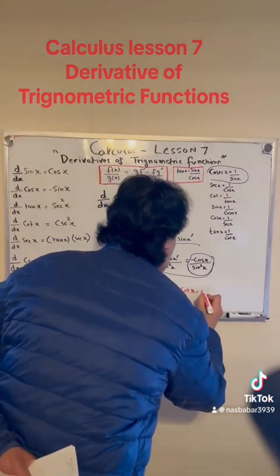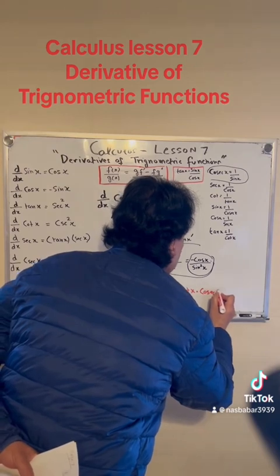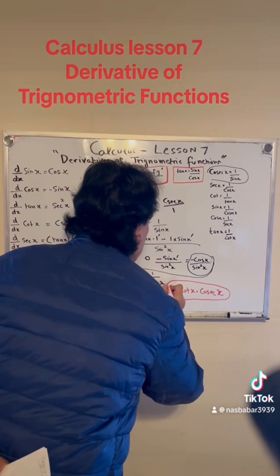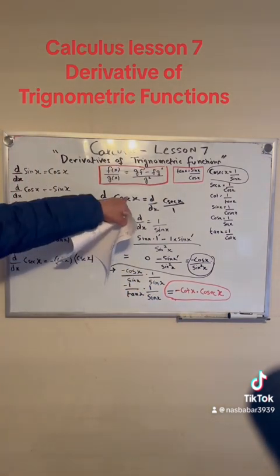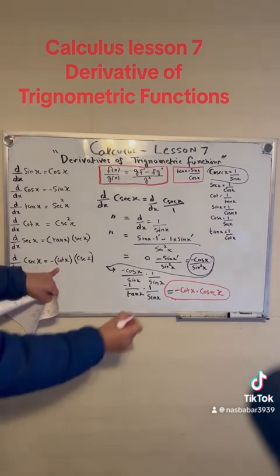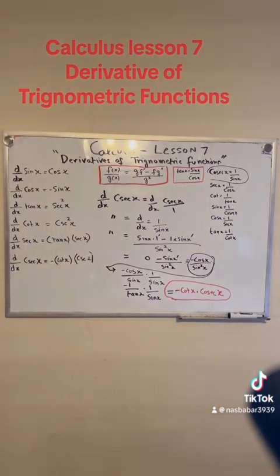So times cosecant of x. And that is, my friends, what I wanted to prove. As you know, the derivative of this right here is minus cotangent of x times cosecant of x. And that is what we just proved.